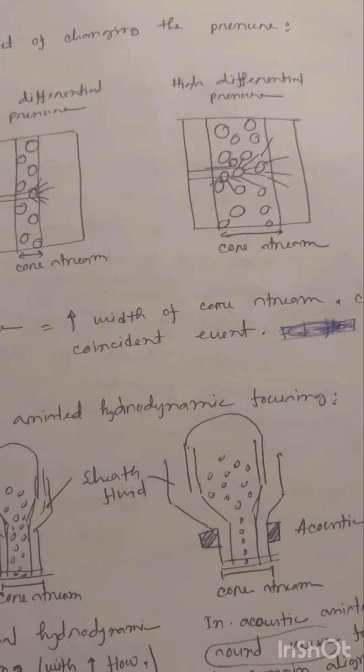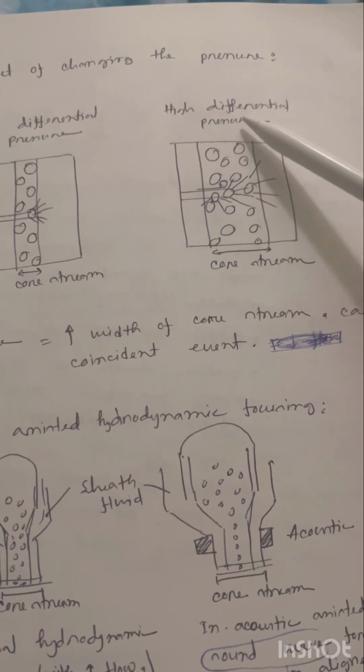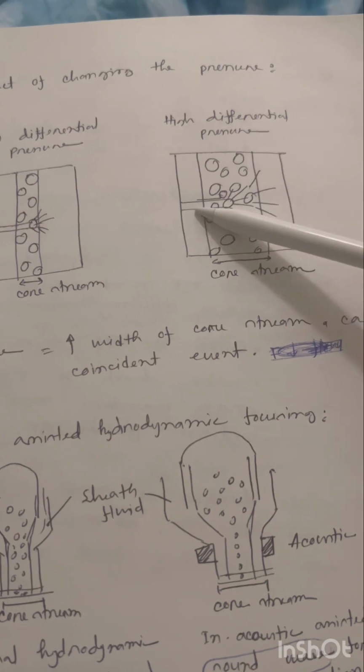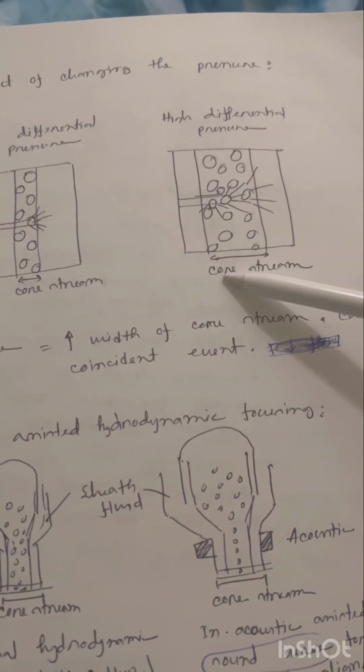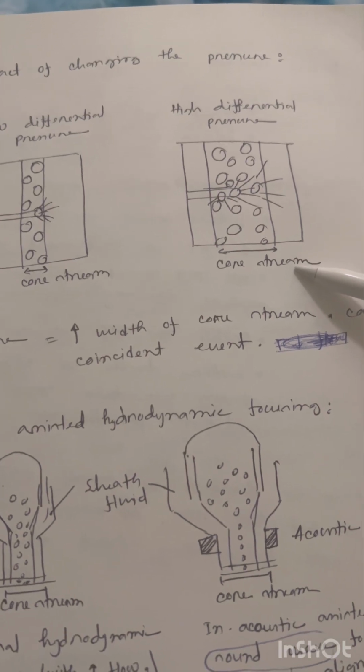But when the differential pressure is higher, because of the high pressure, a lot of cells are passing through the laser beam at a time, and eventually the core stream diameter is also wider.